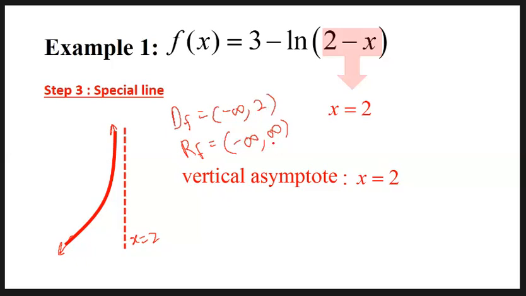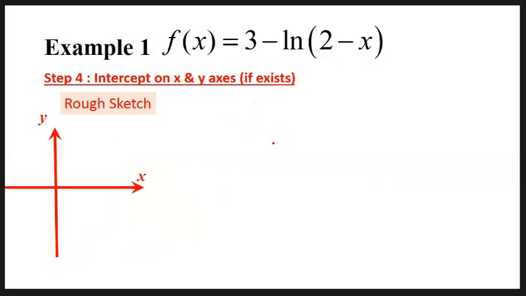Okay, next, we would like to go on with the intersections on the x and y axis. And what we're going to do here is try to do a rough sketch by using, first, the special line, which is the asymptote here, x = 2. Then we put in the shape of the graph that we have. So this is what we find out.